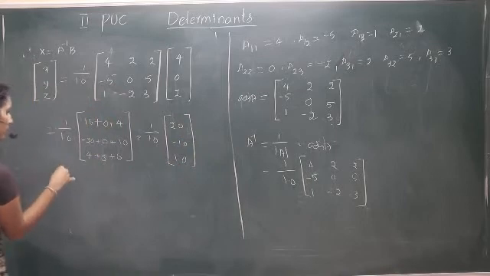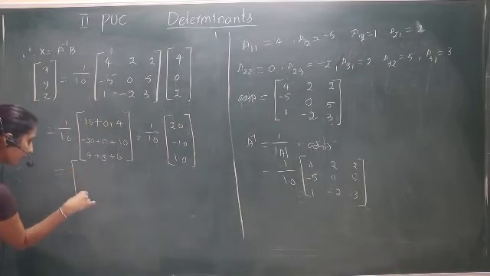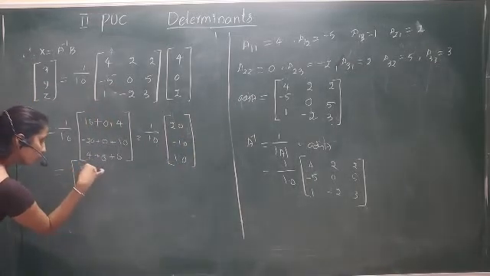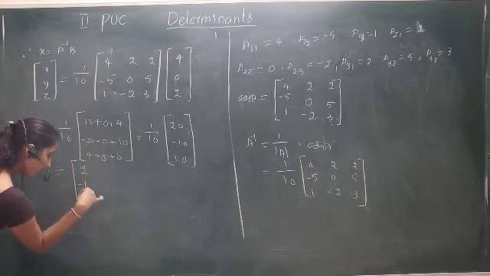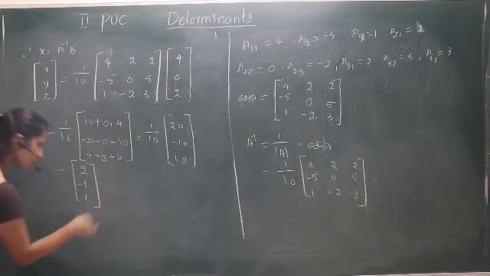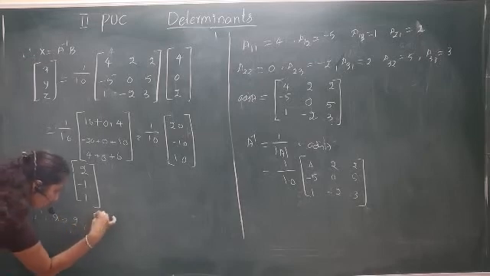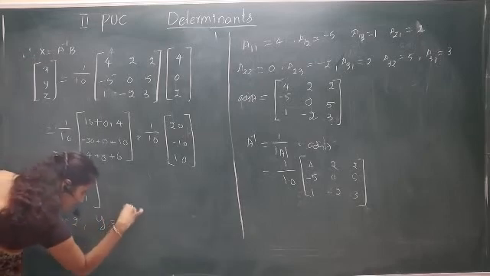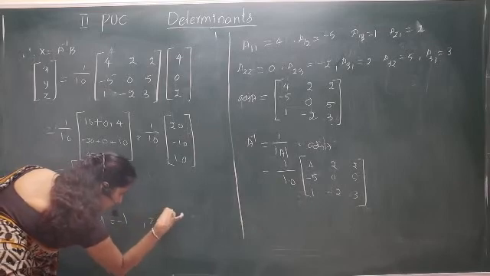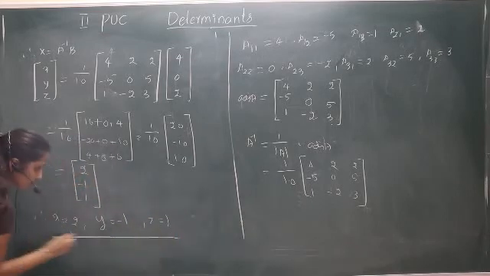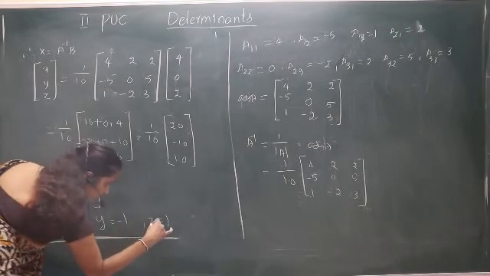Now divide by 10, we get 2, minus 1 and 1. Therefore x is equal to 2, y is equal to minus 1, z is equal to 1.